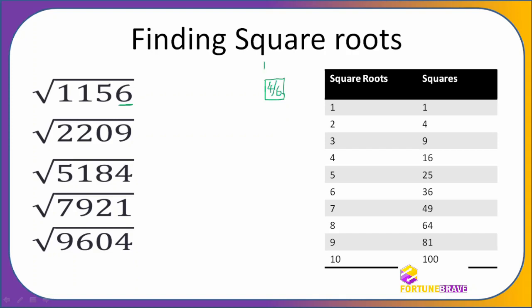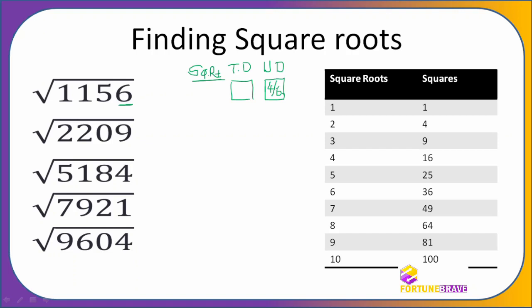This is the unit digit of the square root. Because this is a 4-digit number, there will be a tens digit for the square root as well. For that also I am going to make a box. This is the square root arrangement. Now because this is 6, it can be 4 or 6. Is that clear?